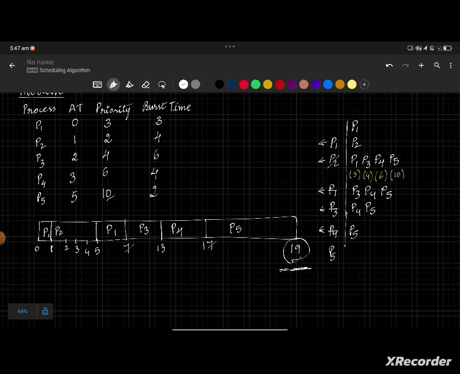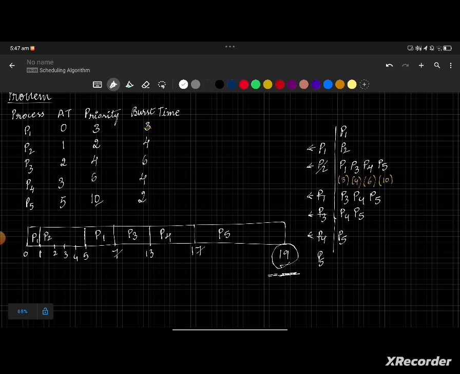Now we have to calculate the completion time. P1 completed at 7, P2 completed at 5, P3 completed at 13, P4 at 17, and P5 at 19. So this is the completion time. Now we check the turnaround time.